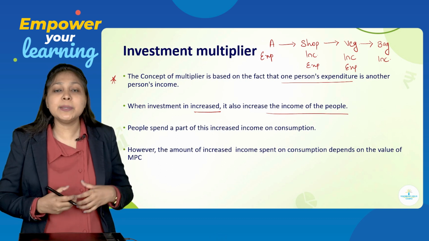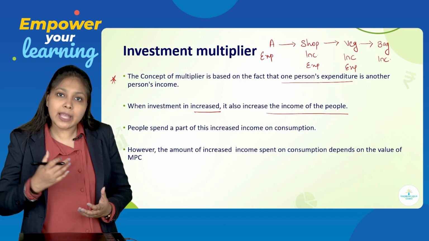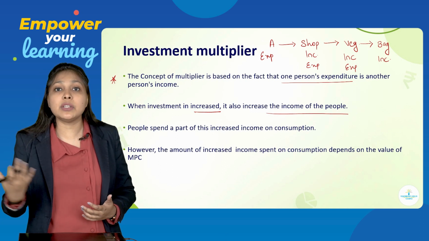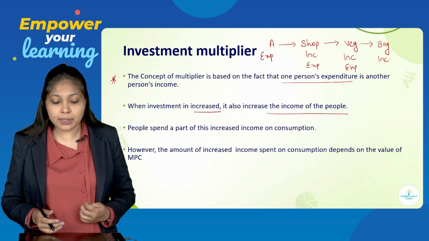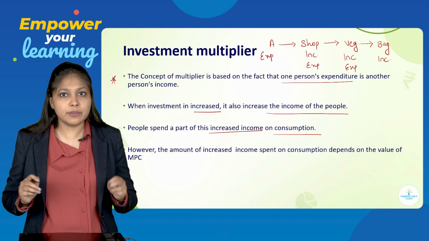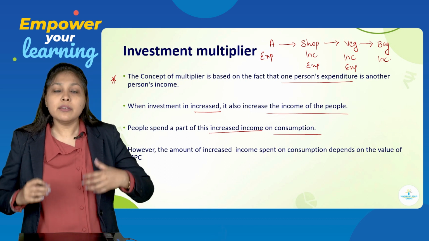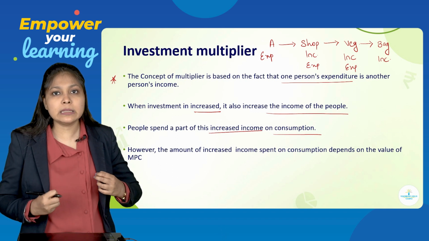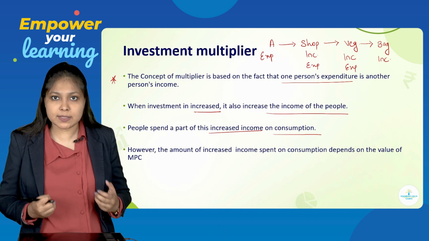That is how they will be generating income for themselves. Then they will go to the market and do the expenses, and that is how income is generated in the entire economy. So people spend part of their increased income on consumption. We already know that, right? When there is an income, people will be spending some proportion of their income on consumption. That is but obvious, right?